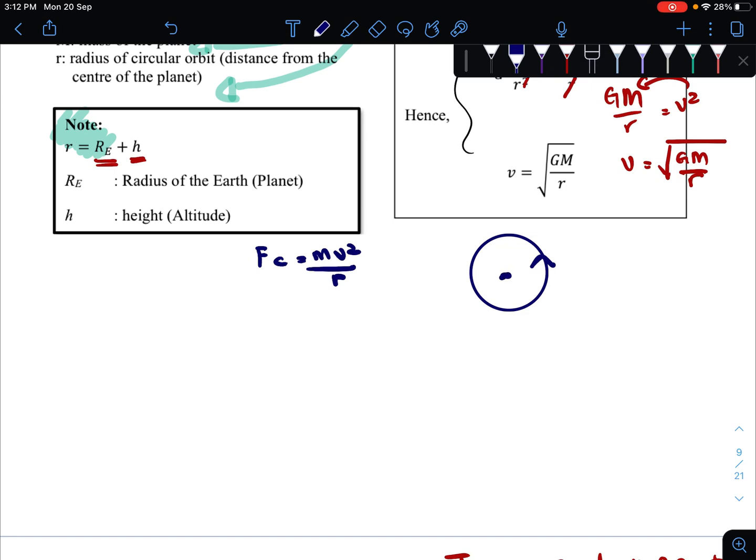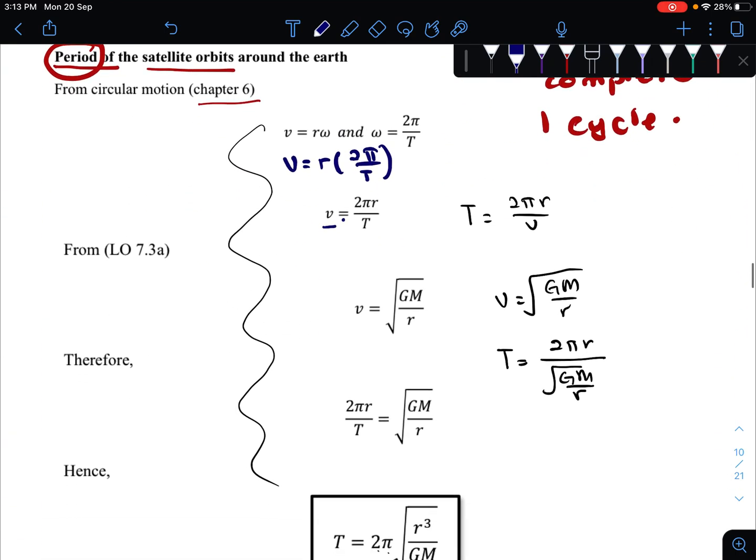What contributes to the centripetal force is actually why the satellite moves in a circle and cannot move straight: it has an attractive force with the planet at the center here. That attractive force is actually the gravitational force. So Fg equals GMm over r squared. To find the speed of the satellite, you equate Fg with Fc. Equate the centripetal force with the gravitational force, and then you get your v. Derive it yourself.